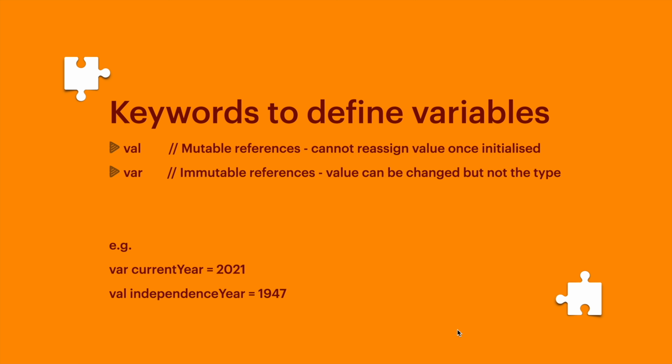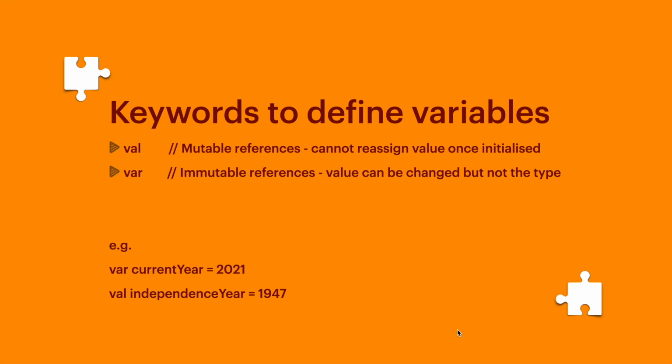While in the other example, var currentYear equals 2021, you can change it because var is a mutable reference, the value can be changed. But remember one thing, you can change or reassign a value to a var, but you cannot change its type. For example, var currentYear equals 2021.